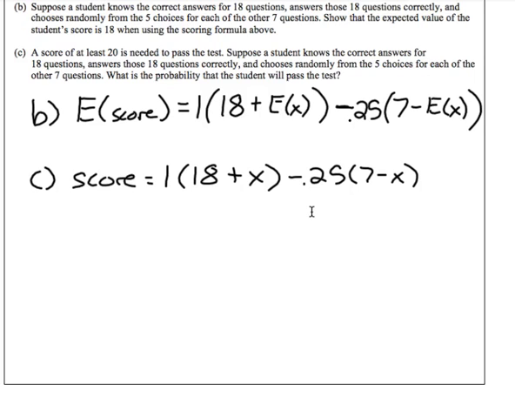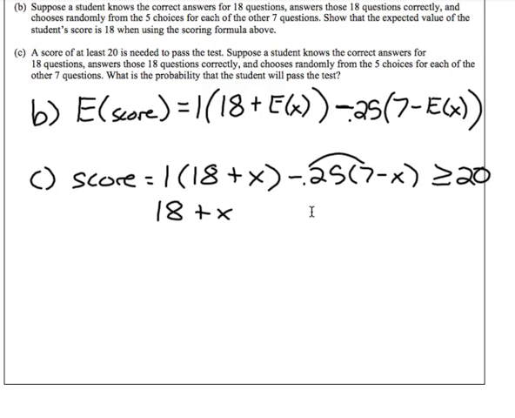And what we need that to at least be 20, right? To pass, we need that score to at least be 20. So we can determine how many we need to get right in order to pass. Okay? So what we need here, so we have 18 plus x right here.